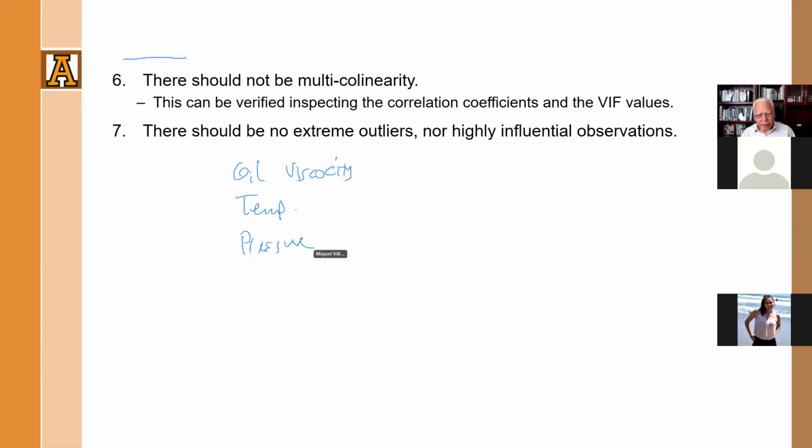If I have a very influential observation or an outlier, and it turns out that it occurred because my temperature gauge broke down.